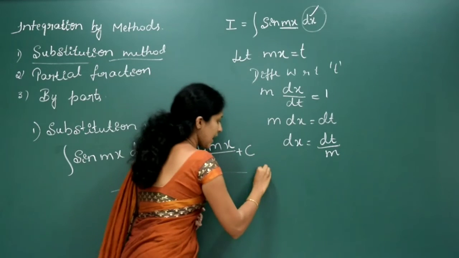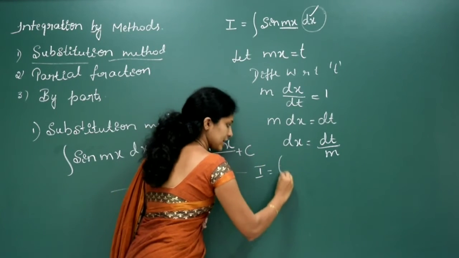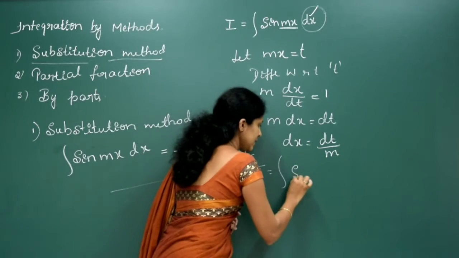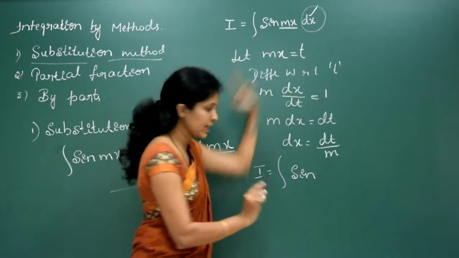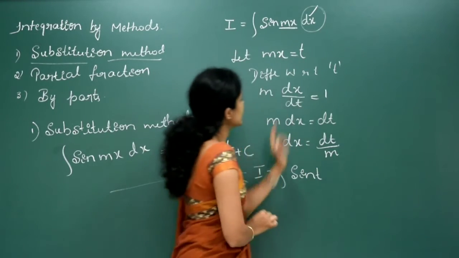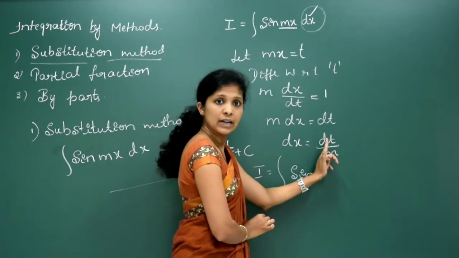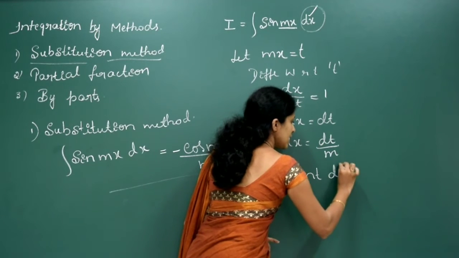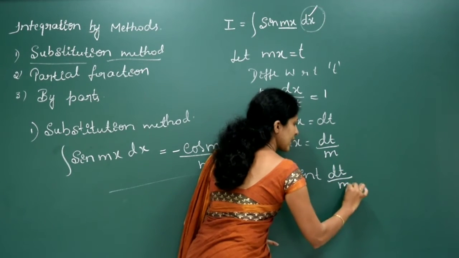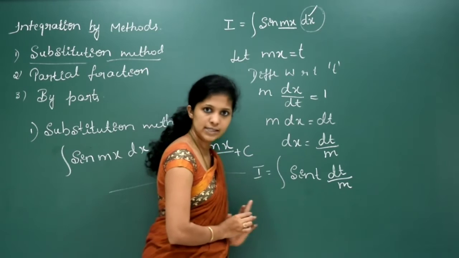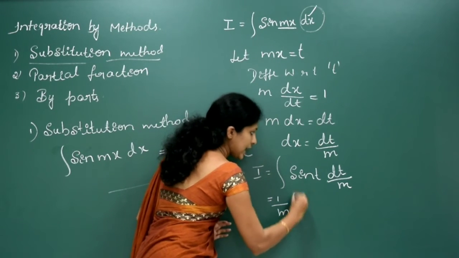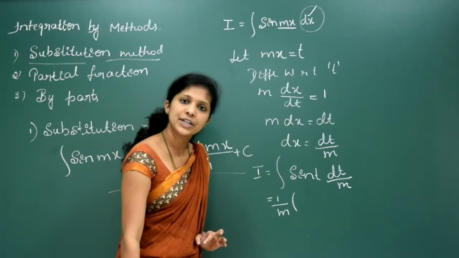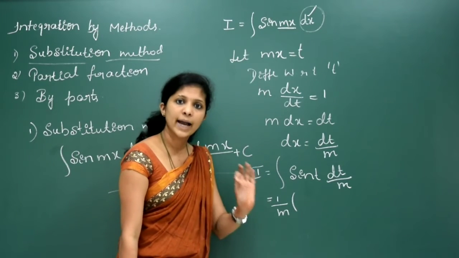Now integral I can be written as integration of sin mx, we have given the substitution as t, so sin t. Next, dx will be dt by m. Is it clear? Now here 1 by m is constant, so I can take out 1 by m into integration of sin t. Integration of sin t will be equal to minus cos t plus c.